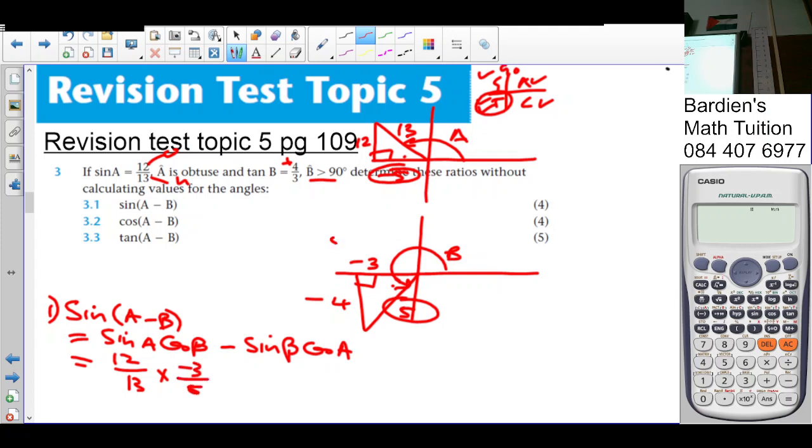Now I use this triangle. Minus sine of B, which is negative 4 over 5, times cos of A. Again with the first triangle, cos is adjacent, which is negative 5 over 13. So that would simply give us, what did this give us? Negative 56 over 65.